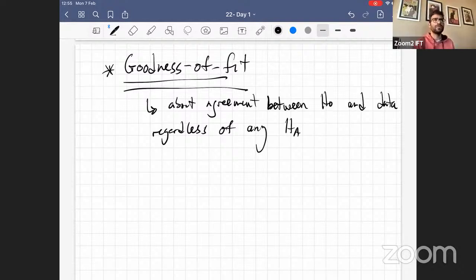And the way to quantify this test is the p-value. So what is the p-value?